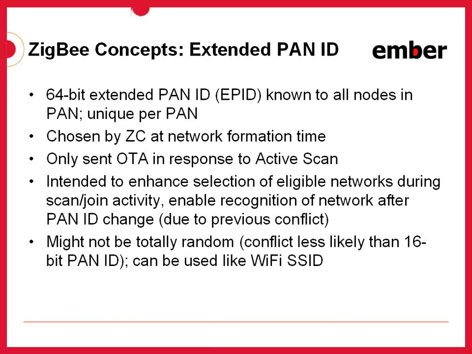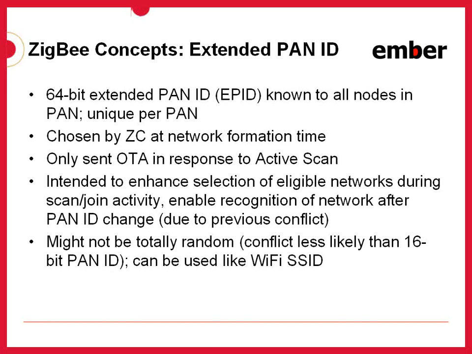For instance, when a PAN ID conflict occurs and you want to notify all of the devices in your network to move, the way that you distinguish your network from another network is those devices in your network all share the same extended PAN ID, which is unlikely to ever conflict because it's a 64-bit address space rather than a 16-bit address space. So the extended PAN ID is 64 bits. It's also chosen by the coordinator during network formation.